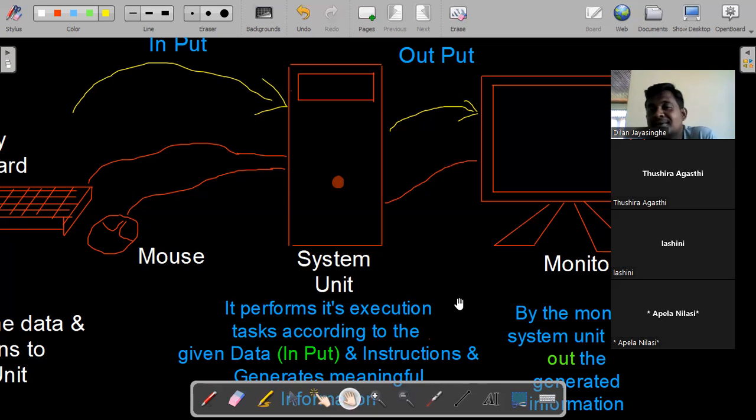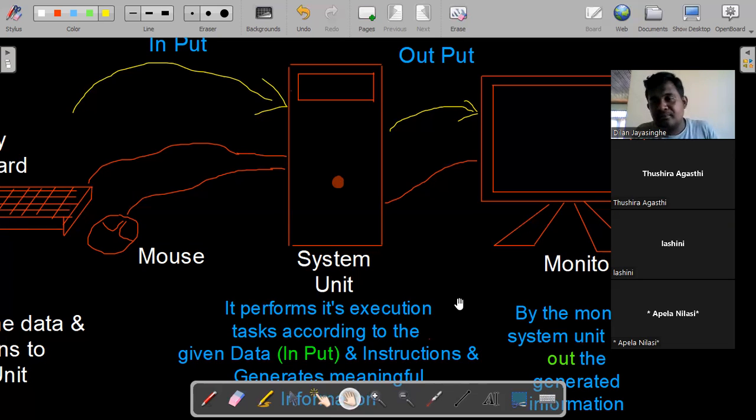Within this working process, we have already seen some 3 major important common tasks.